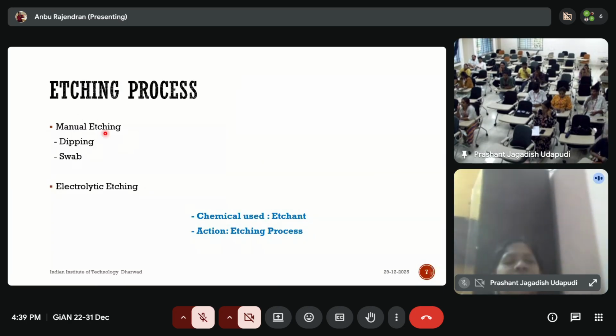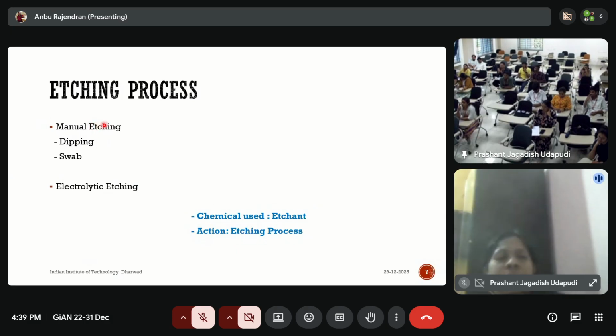The etching process can be done in two ways: manual etching and electrolytic etching. In manual etching, you can directly take your chemical, dip the sample into the etchant, allow it for some time, take it out, dry the sample, and look for the features.